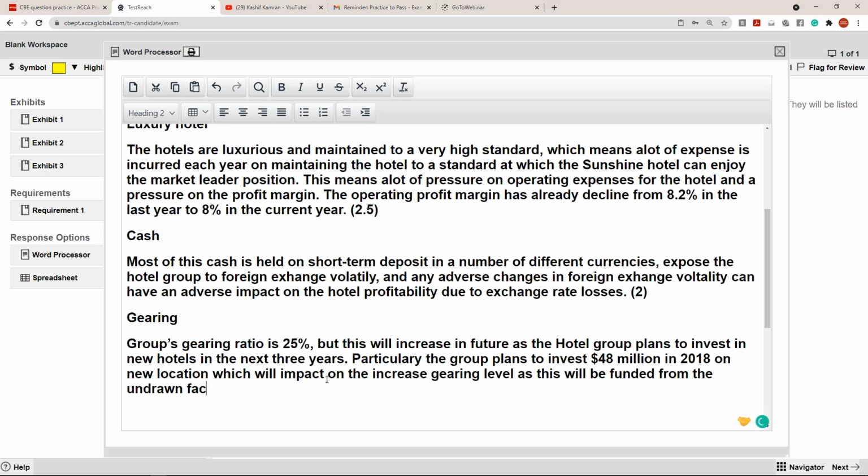So you will be going to the bank, taking this $48 million from your undrawn facility. It will increase your gearing risk, funded from the undrawn facility from the bank.